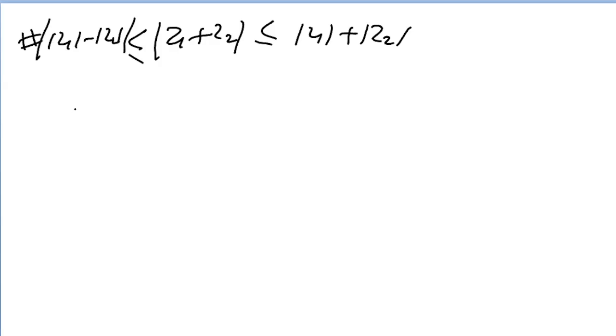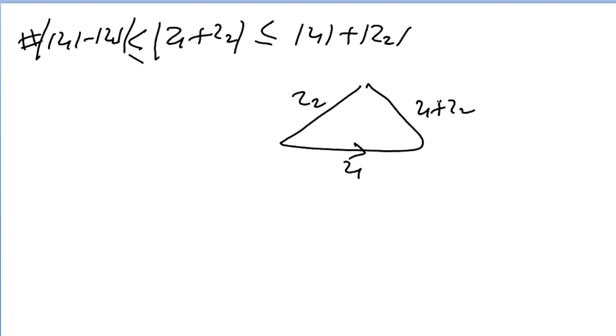There are two ways to do this: we can use the triangle inequality, or we can do it analytically. In any triangle, let's say this is Z1, this is Z2, this is Z1 plus Z2. Magnitude-wise, we can't compare complex numbers as discussed; since this is a modulus, that's why we can use the inequality. Otherwise complex numbers can't be compared, as inequality is not defined for complex numbers. So we have this.